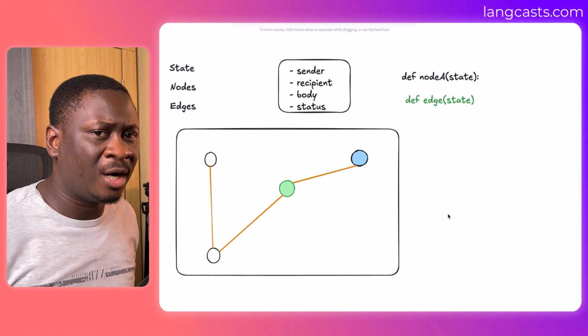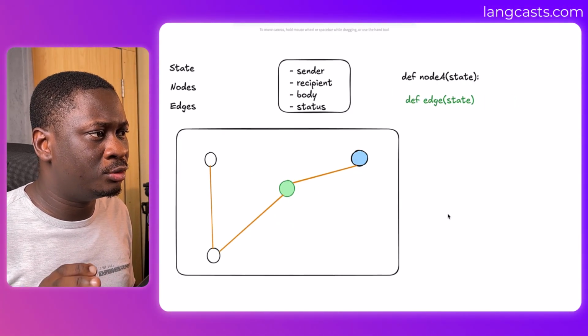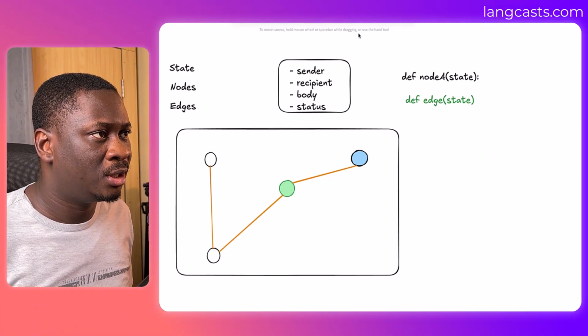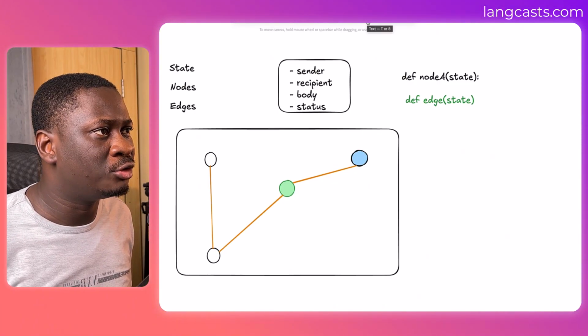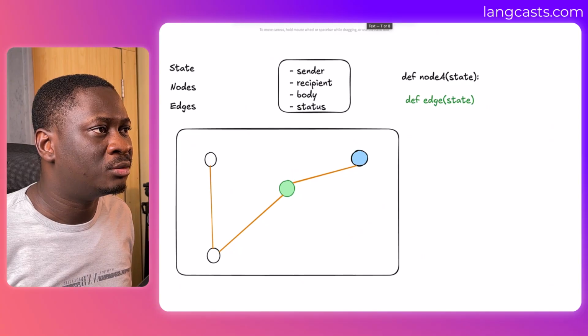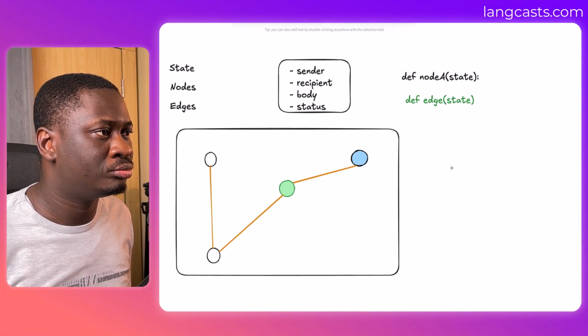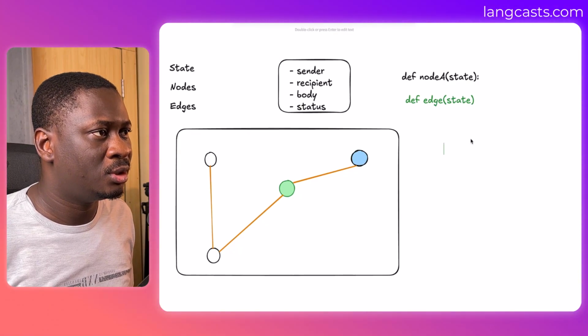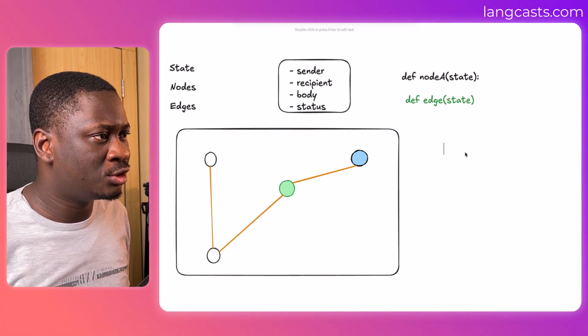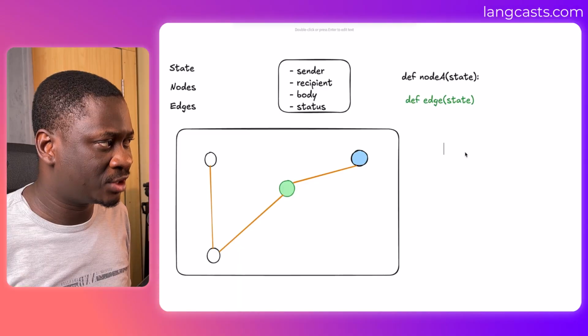So, to wrap up our whiteboard session, typically, how do you build a graph in LangGraph? The first thing you're going to do is to define your state. That's the very first thing you do.